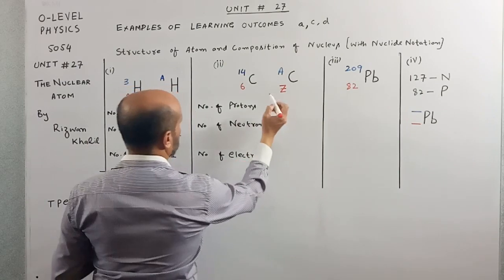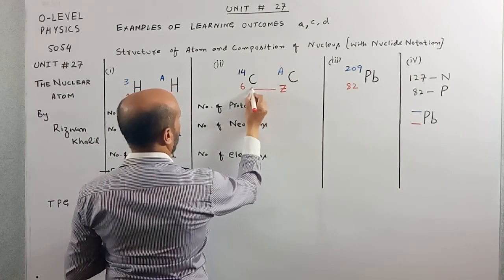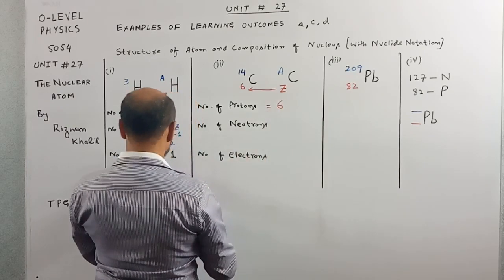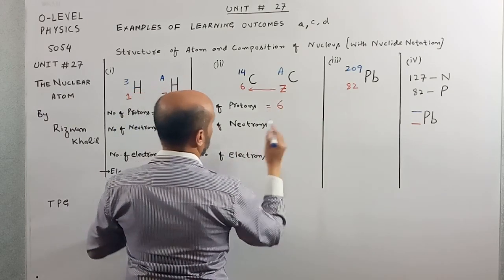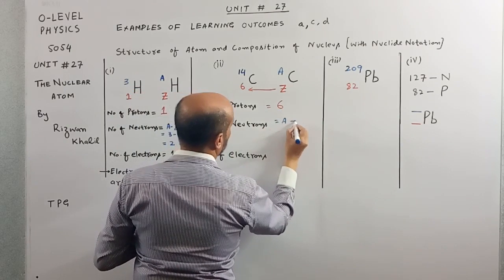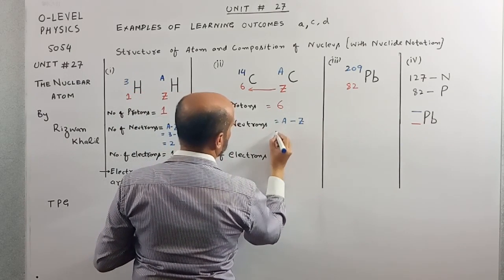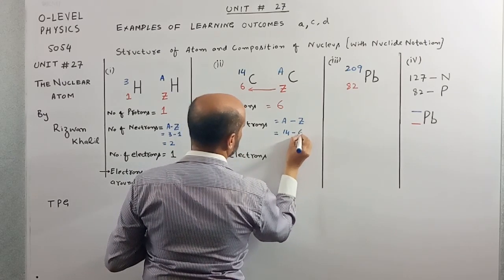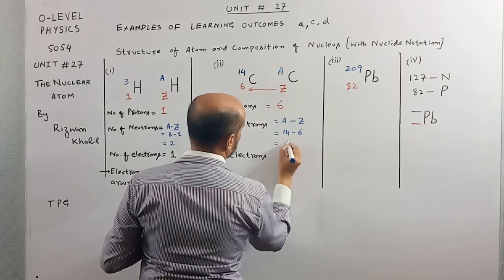So number of protons, Z, is equal to 6. Number of neutrons, A minus Z, is equal to 14 minus 6, which is equal to 8.